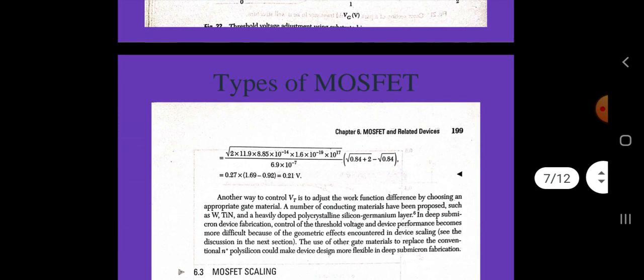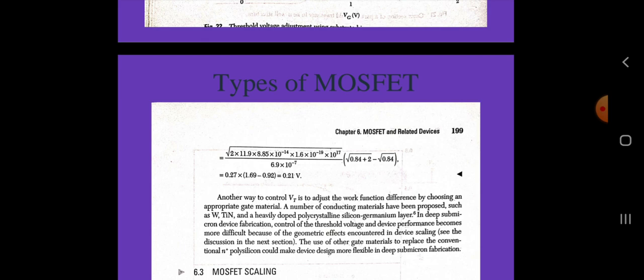If you substitute the values, that is under root of 2 into 11.9 into 8.85 into 10 to the power minus 14 into 1.6 into 10 to the power minus 19 into 10 to the power 17 divided by 6.9 into 10 to the power minus 7, this is equal to under root of 0.84 plus 2 minus under root of 0.84. So this value comes out to be 0.27 into 0.92, which is equal to 0.21 volts.